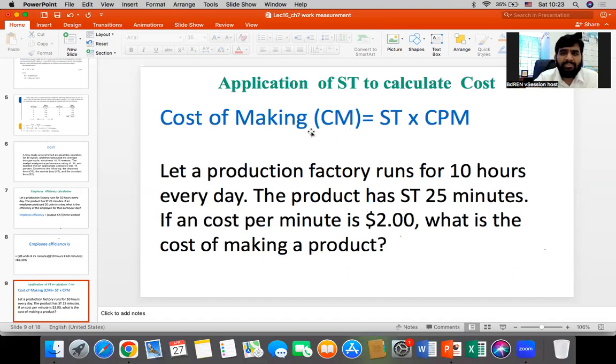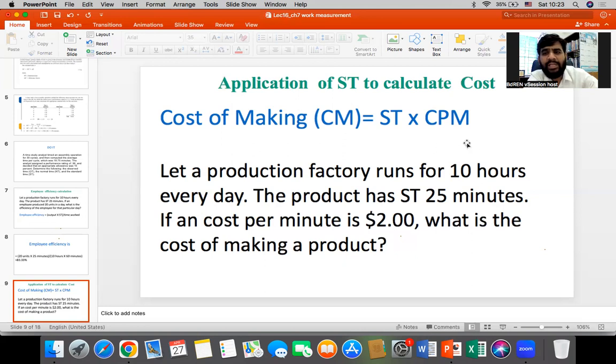Now, application of standard time to calculate cost of making: standard time multiplied by cost per minute. Every factory, every company has their own cost per minute, because cost per minute is not only cost of making.